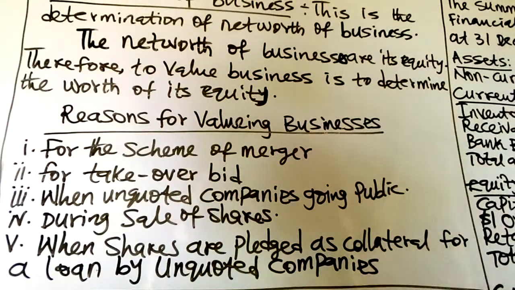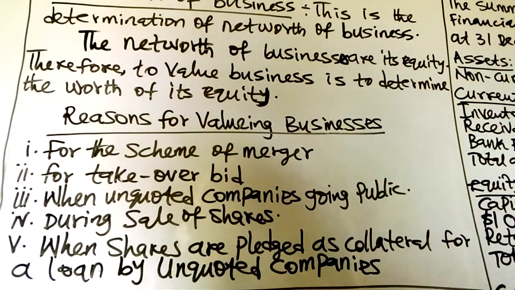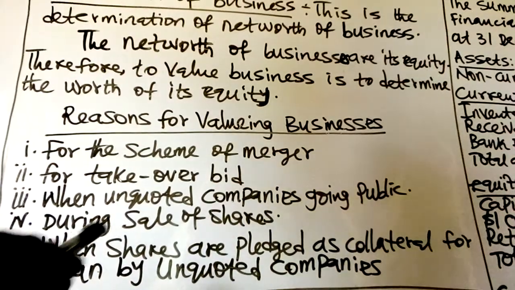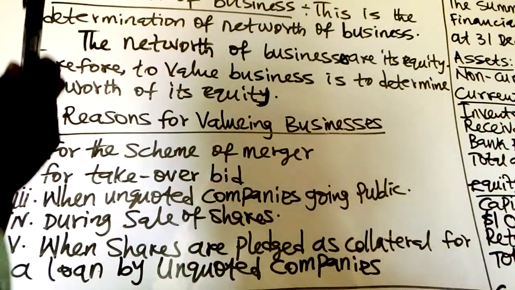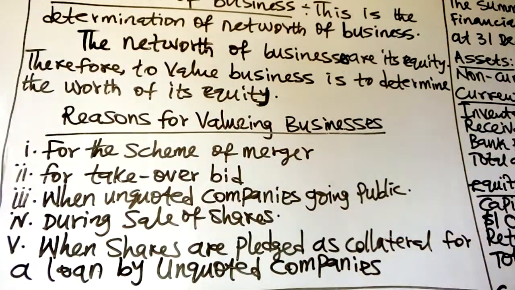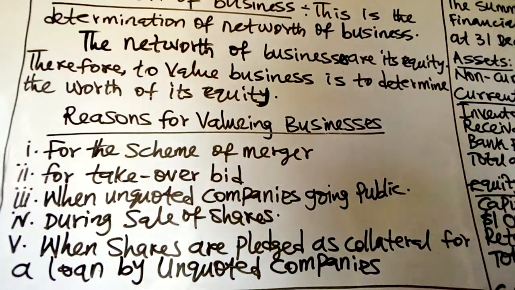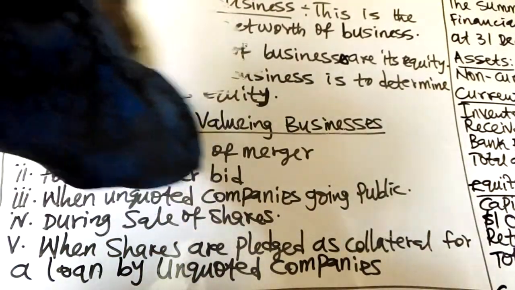Number four, during sale of shares. Number five, when shares are pledged as collateral for a loan by unquoted companies. Those are the reasons for valuing businesses.